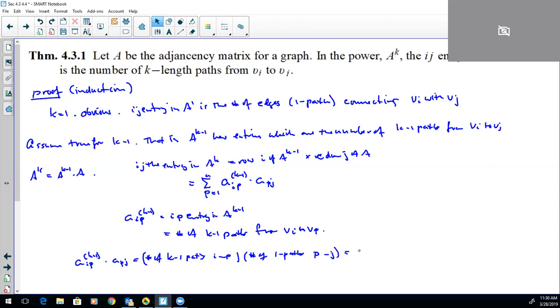So this is the total number of k paths from vertex I to vertex j, where vertex p is the next to last stop.